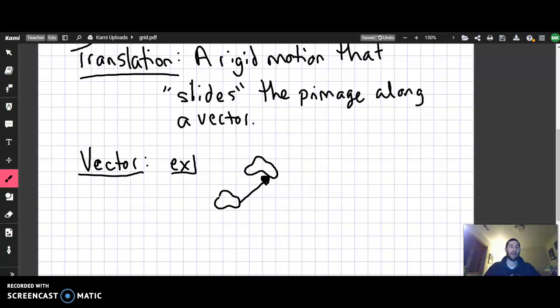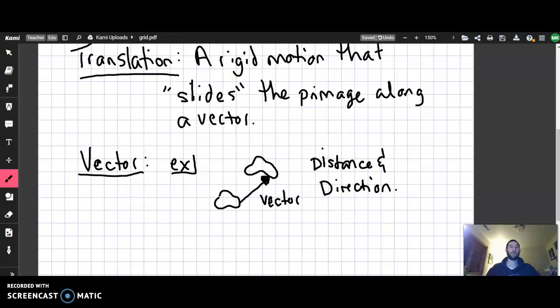So that arrow is the vector. And a vector is a distance and direction. So, a rigid motion is a slide that moves the preimage a certain amount of distance in a certain direction.